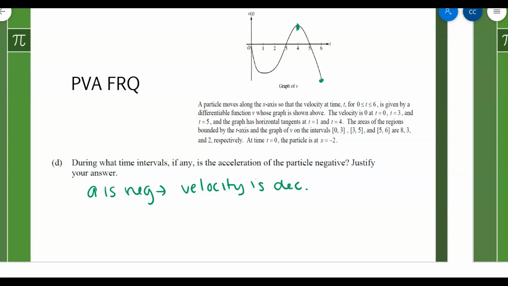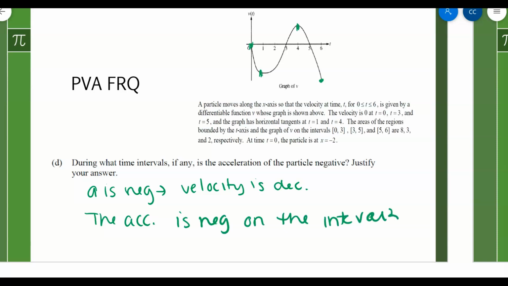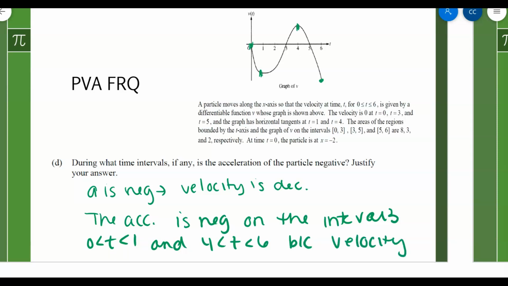And then from 0 to 1. The acceleration is negative on the intervals 0 to 1 and 4 to 6 because velocity is decreasing.